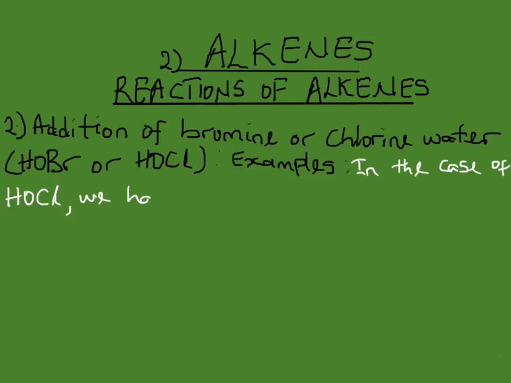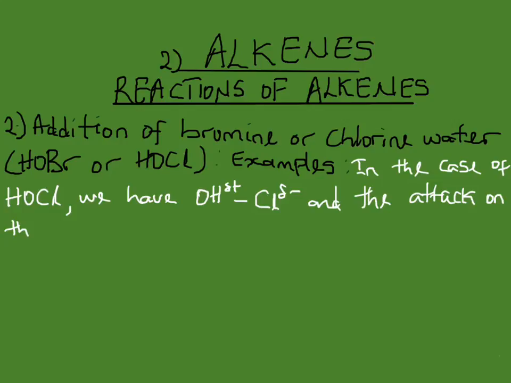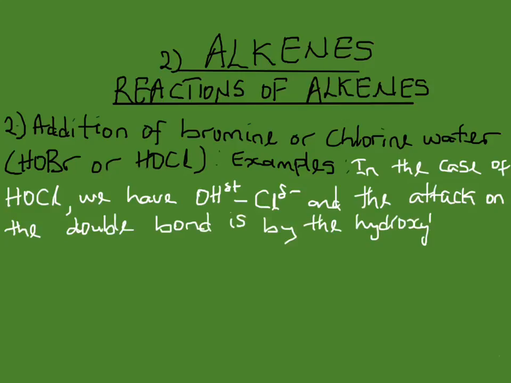Examples. In the case of chlorine water, the hydroxy group is going to be positive, while the chloride ion is going to be negative, and the attack on the double bond is by the hydroxy group.